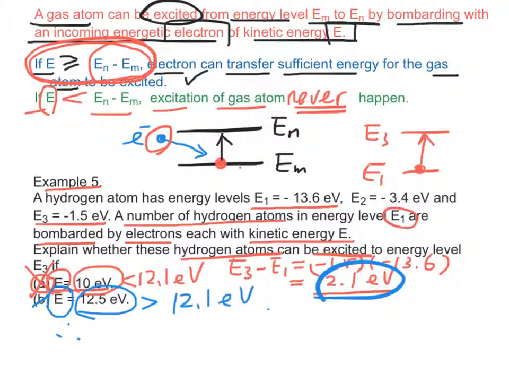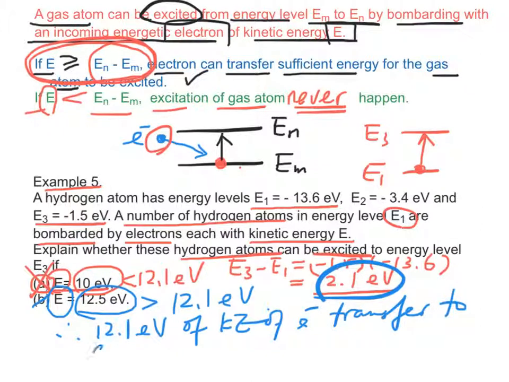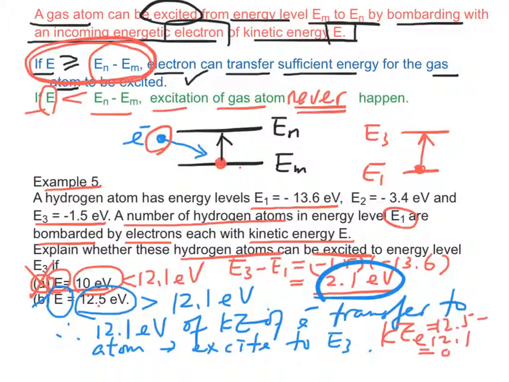Therefore, 12.1 eV of KE of the electrons is transferred to the atom in order for its excitation to E3. And the KE of the incoming electrons becomes 12.5 minus 12.1, which is 0.5 eV after the collision.